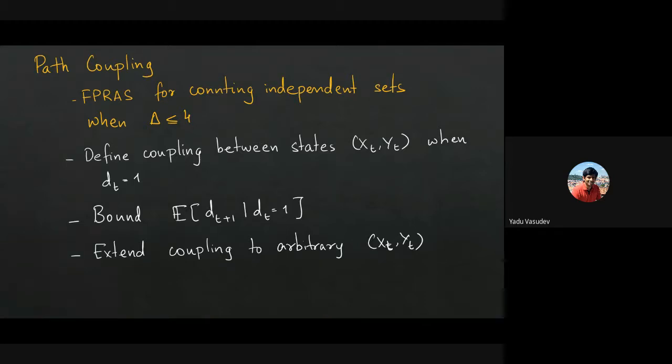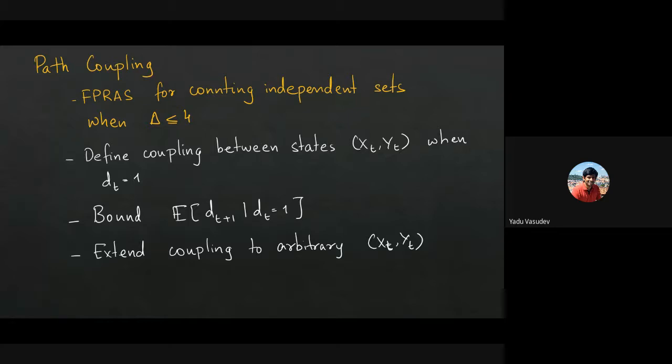Okay. So you know how to define coupling between these pairs of states which are very close to each other. You use that to define a coupling between this path. The endpoints of this path are xt and yt, and that will define a coupling between these two arbitrary states.